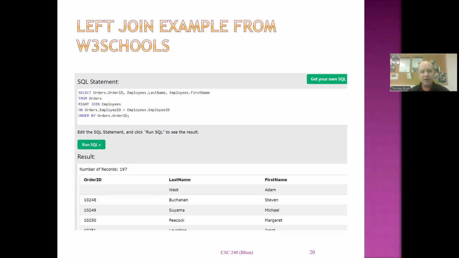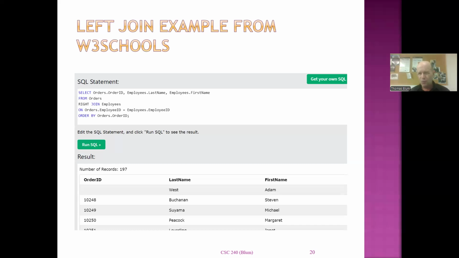Their example of a right join again uses this Northwind database. When you make an order, an employee handles that order, so there's an employee ID in an order. A customer may have multiple orders, but an order has one customer. Similarly, an employee may handle many orders, but an order is handled by one employee. So the order table had a foreign key for the customer and a foreign key for the employee.